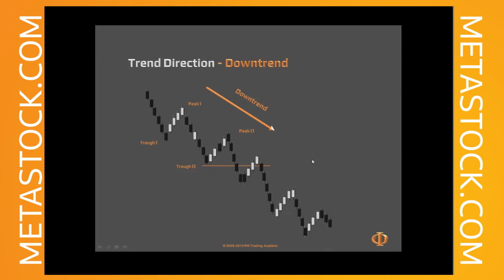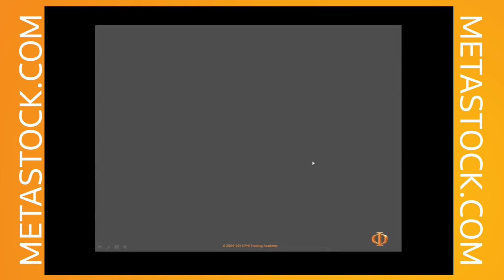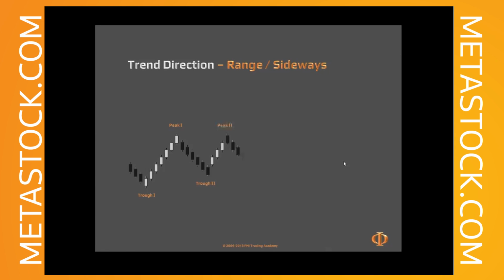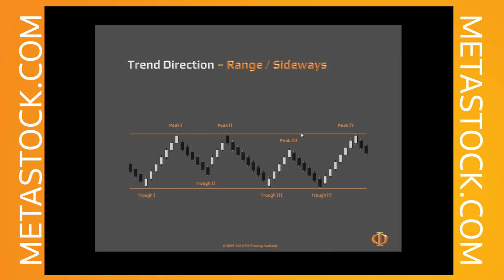Okay, now let's look at the third phase, let's say, that a market can be, and this is a range or sideways market. So again, the first thing you do is find the peaks and the troughs on your chart, right? And then you look at them and you see that the peaks and the troughs are more or less at the same level.